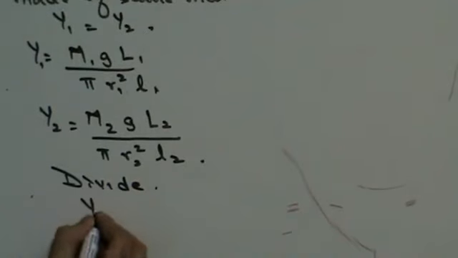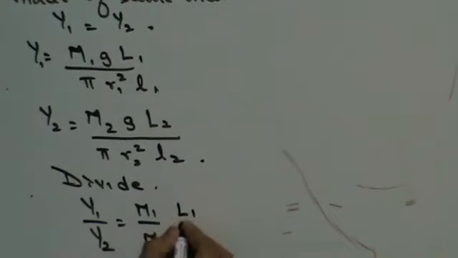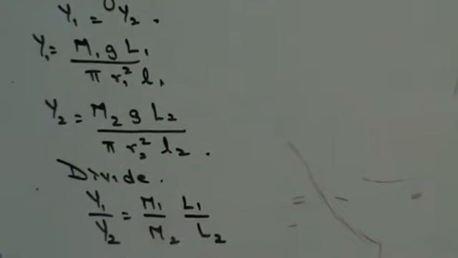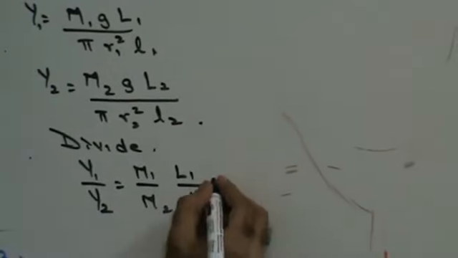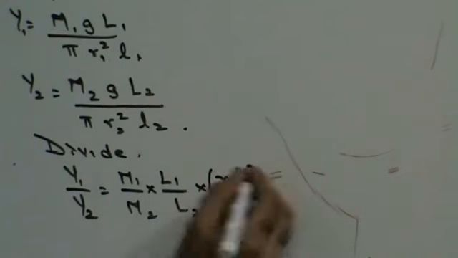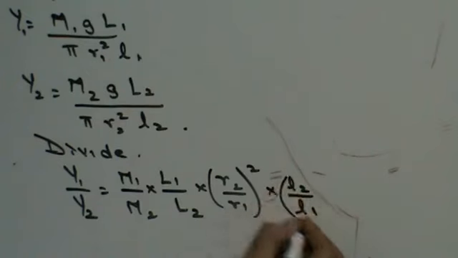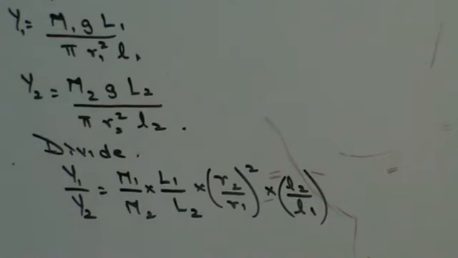If I divide, then I can say Y1 upon Y2 is M1 upon M2, right? I'm dividing this. G and G will get cancelled. L1 upon L2. Then denominator of denominator becomes numerator. R2 upon R1, the whole square, and l2 upon l1. Right? But they've asked you to find out the ratio of the load. That means they've asked you to find out M1 upon M2.